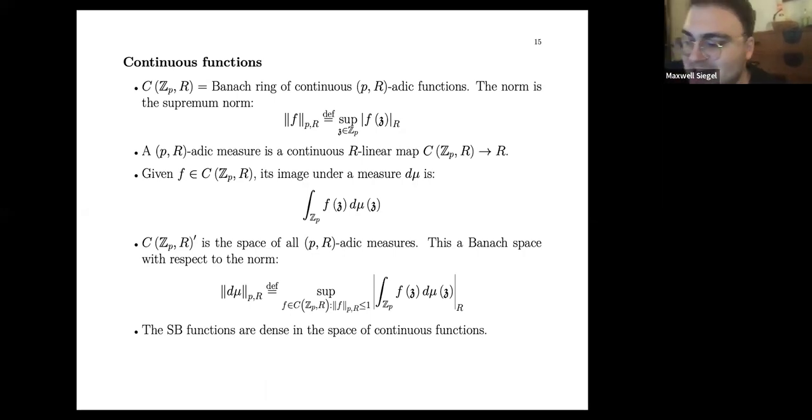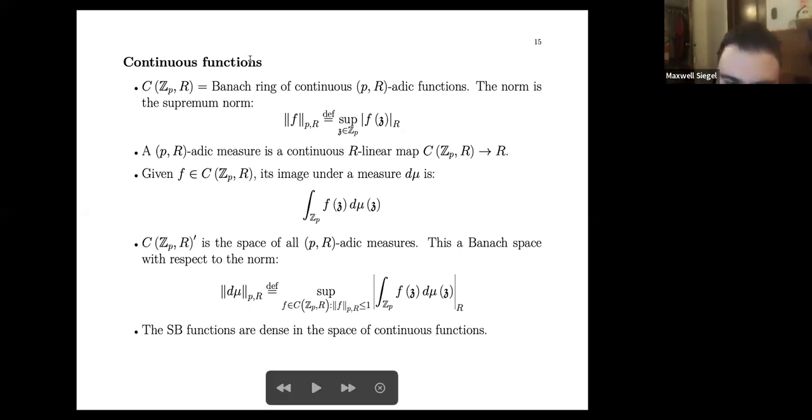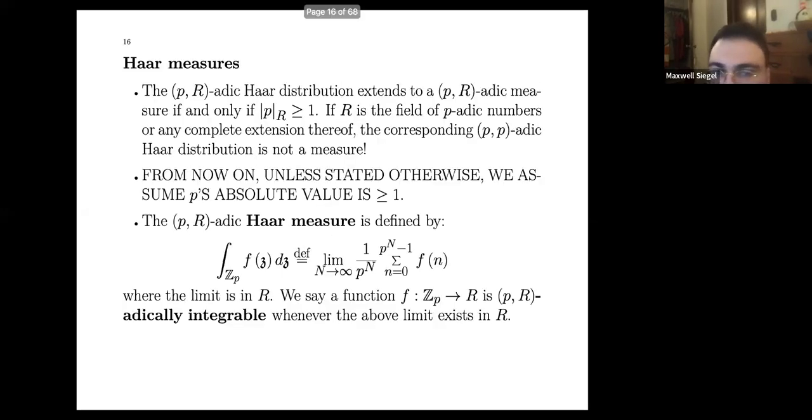In this case, a p-R-adic measure is a continuous R-linear map on the space of continuous p-R-adic functions to R, and the space of all of them is denoted C(Z_p, R)'. Much like with distributions, we denote the action of a measure on a function by an integral. It's also important to note that the space of all measures is a Banach ring under convolution with respect to this total variation norm. I'll remind you what convolutions of measures are in a moment. Also note that the SB functions are dense in the space of continuous functions.